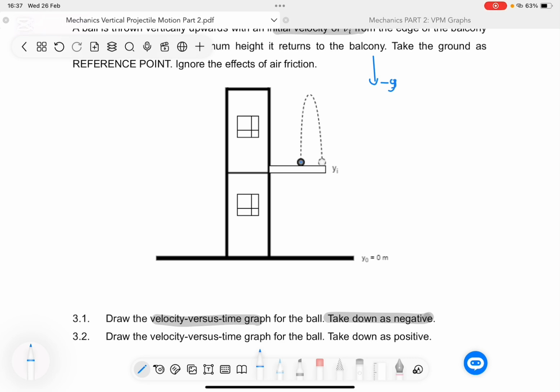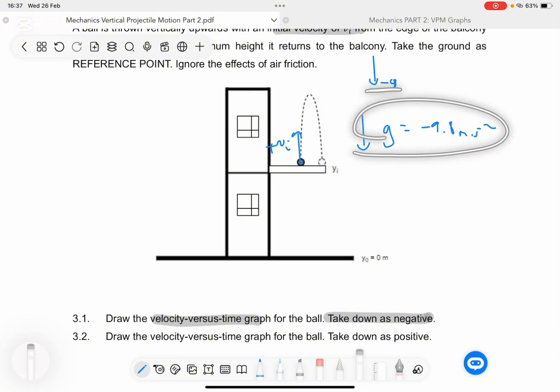Our initial velocity will go vertically upwards because the ball goes upwards, so we have vi, which is going to be positive, and our acceleration due to gravity has to be a vertical line that goes down. It is going to be negative 9.8 meters per second squared, because it goes in the negative direction, it goes downwards. So this is positive because it goes upwards.